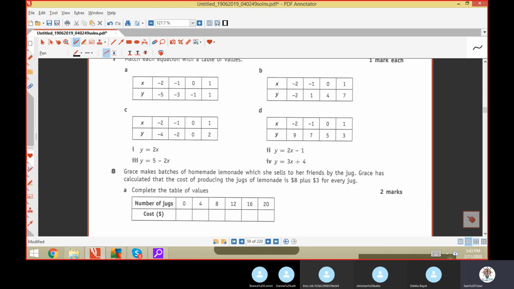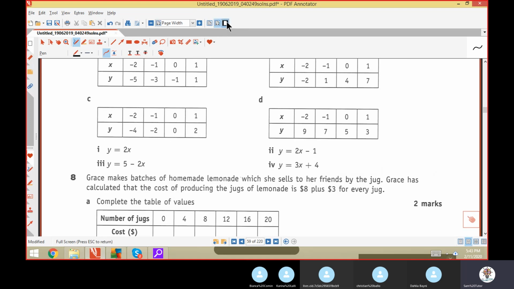All right, number 7. What do we have? Match each equation with a table of values.